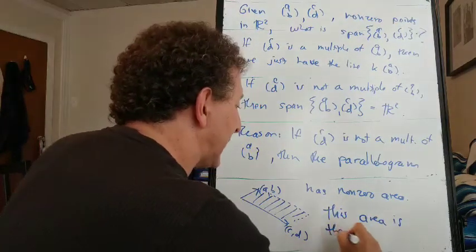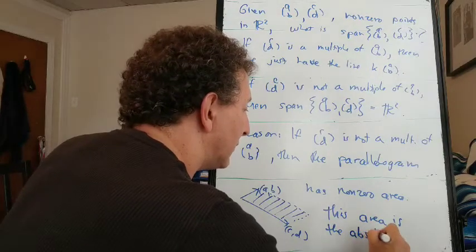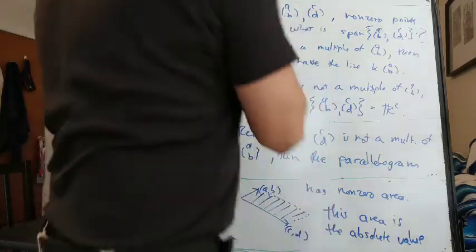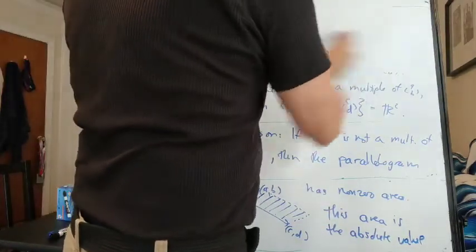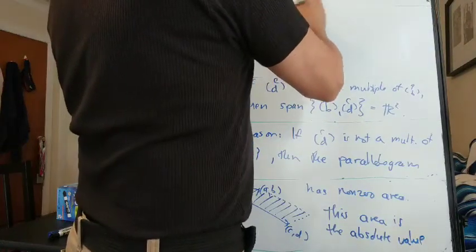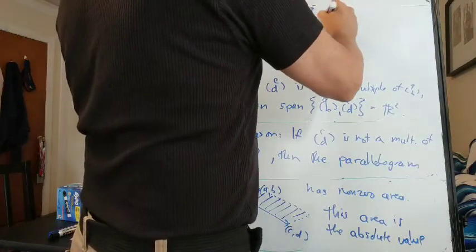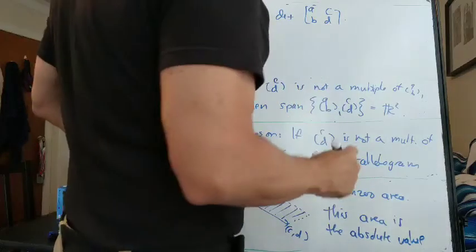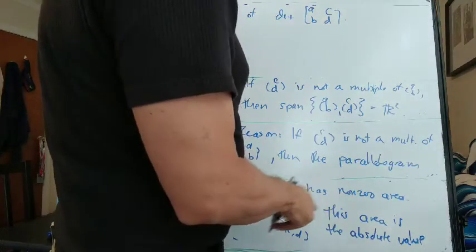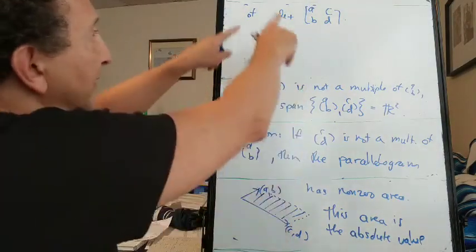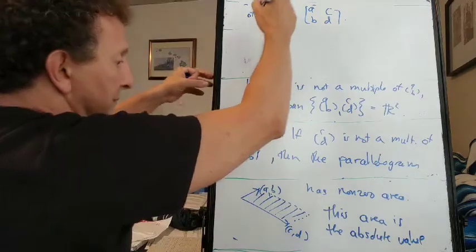Now this area is the absolute value of the determinant of the matrix whose columns are (a, b) and (c, d). So if that parallelogram has non-zero area, that means that the determinant is not zero.